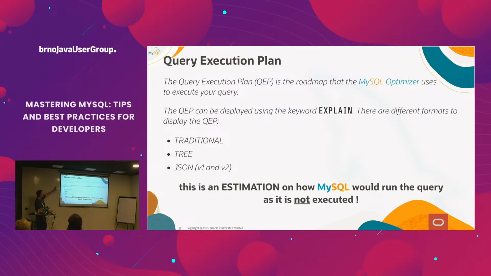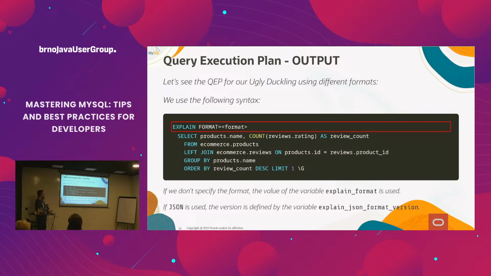The thing is that when you run an explain, this is an estimation. What does that mean? The query is not run. It's just what the optimizer thinks it will cost you to run the query, but the query is not executed. So you do explain with the format. Who knew that there were different formats? Nobody? That's good, you are learning some good stuff too.